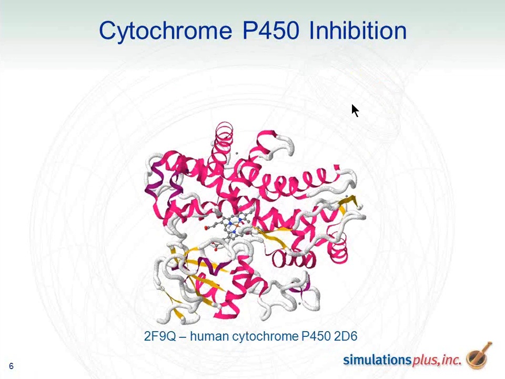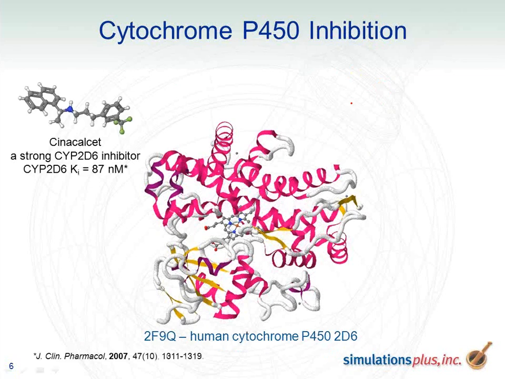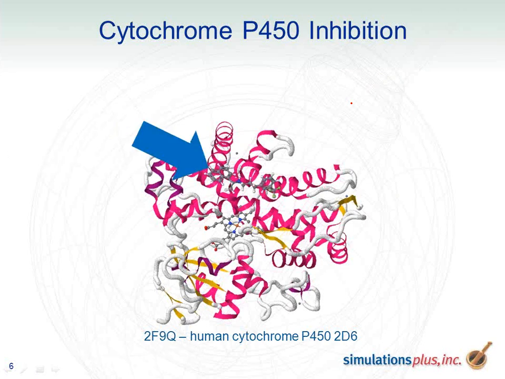In the case of inhibition, such as a compound such as cinacalcet, which is a strong 2D6 inhibitor with Ki of 87 nanomolar, it would bind into the receptor and then prevent a compound such as propranolol from being metabolized by cytochrome P450 2D6. So what happens in this case?